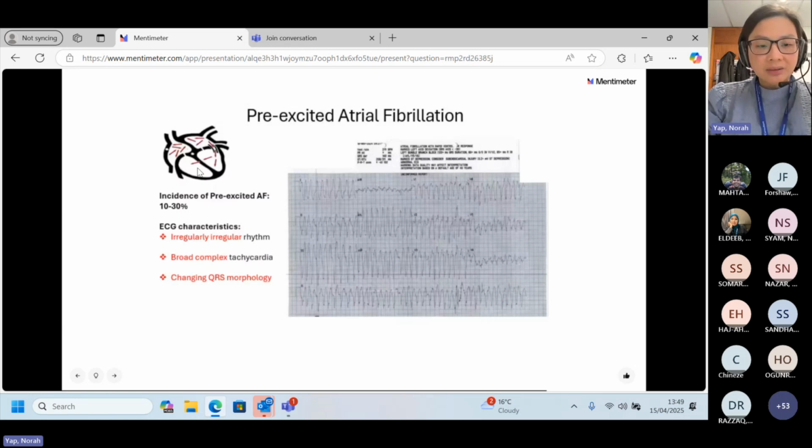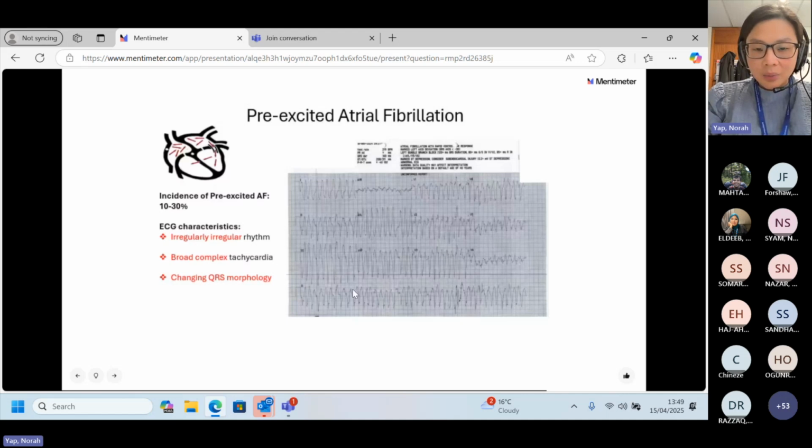So the ECG characteristics are that the rhythm is irregular. There's no regularity of the RR interval. You've got a broad complex tachycardia with a changing QRS morphology. If you look at the QRS complexes of every single beat, not all of them look exactly the same.